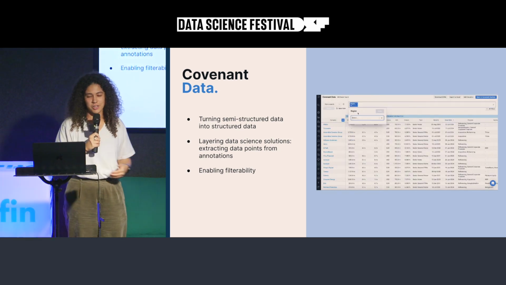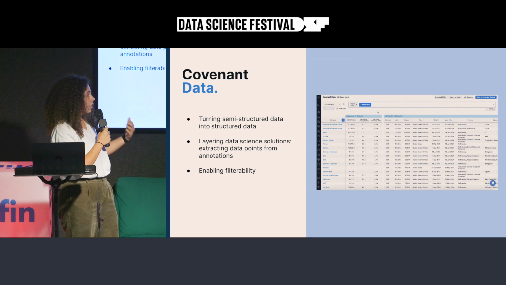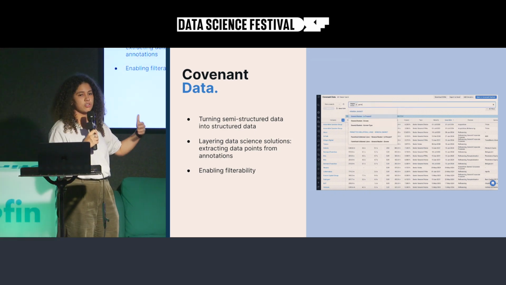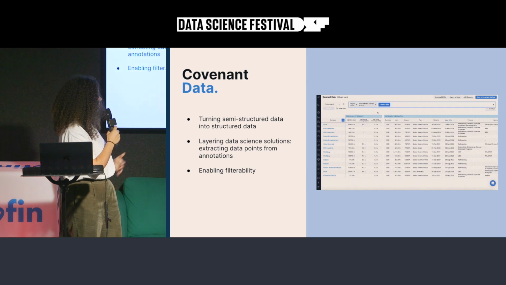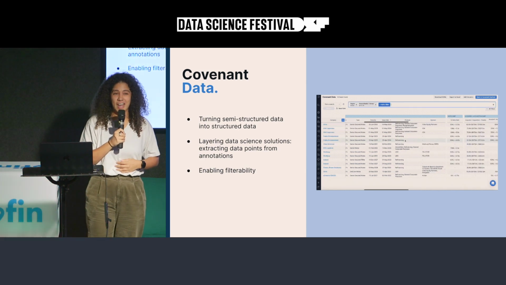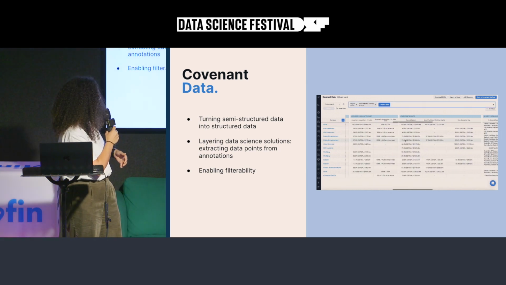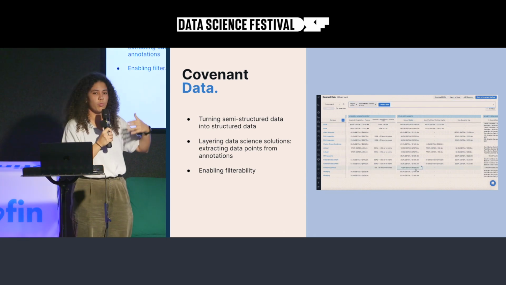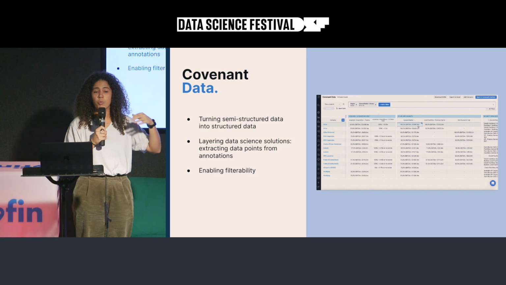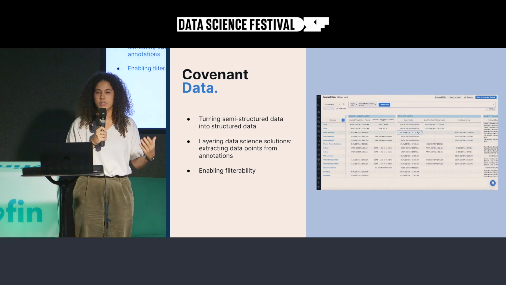That's where Covenant data comes in. So with Covenant data, what we're really trying to do is turn that semi-structured data into structured data. And the ambition here, as you can imagine, I had more of an incentive than anyone, being a person doing the annotations, is to layer data science solutions on top of what we had. We really didn't want to create a separate workflow where we're inputting data manually into a table.